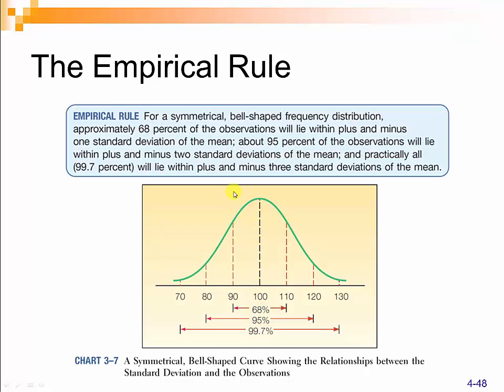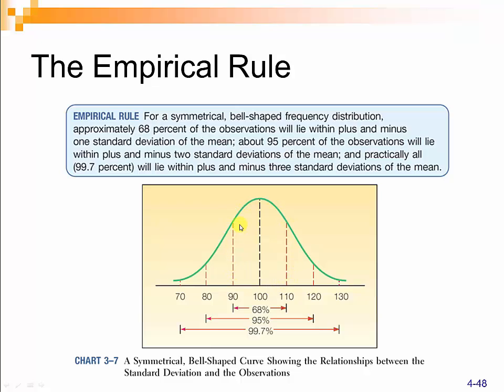And it means that approximately, or about, 68% of all observations can be found between -1 standard deviation and +1 standard deviation. So about 68% of all the observations are in this area right here.